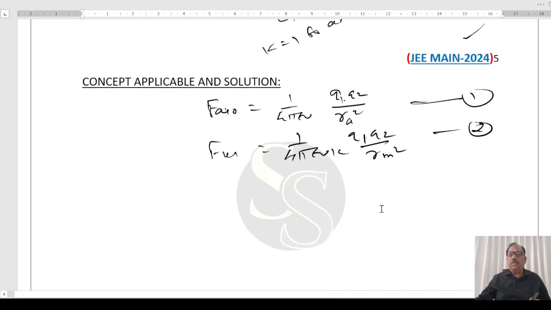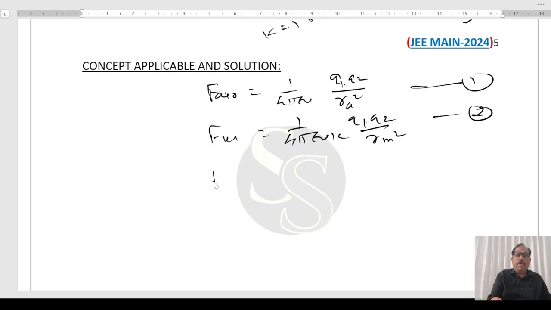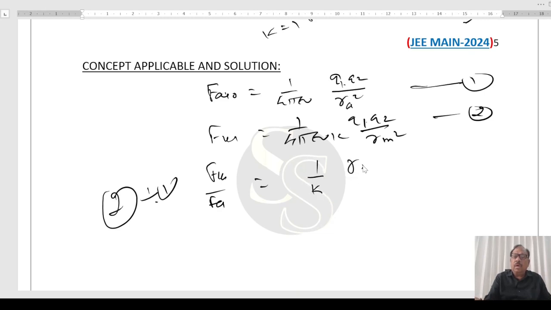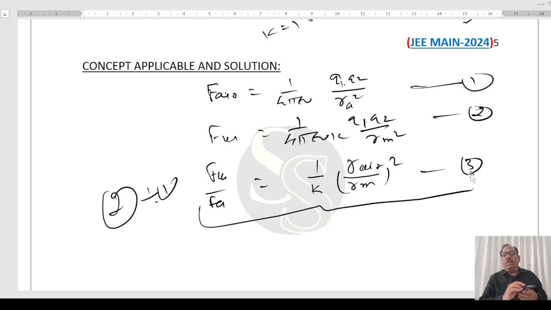We have to find it out. F medium over F air, 2 divided by 1: Q1 Q2 goes, then 1 over K, R air over R medium whole square. This is equation 3. Now we will substitute the values in this one.